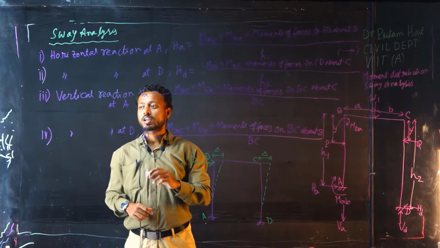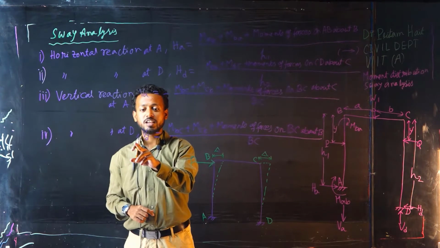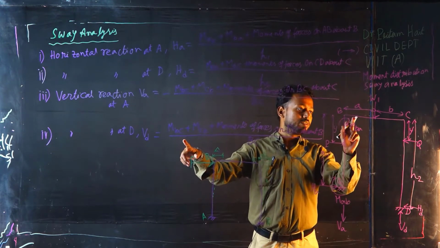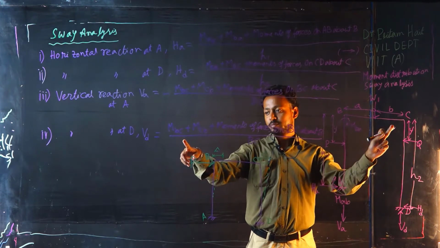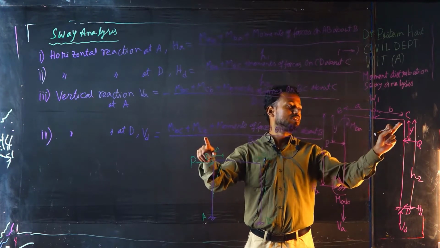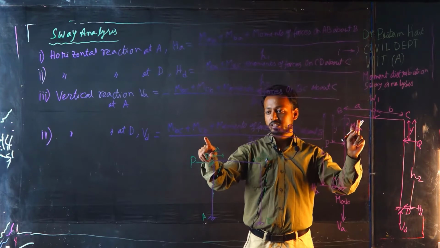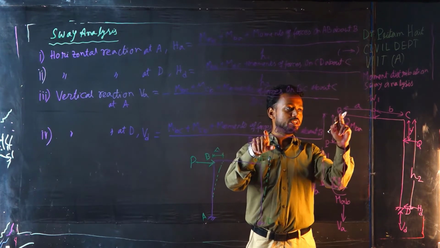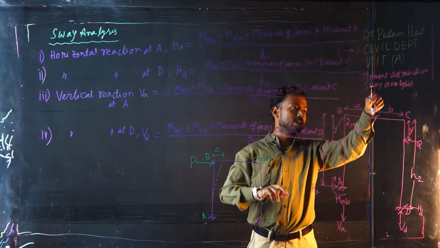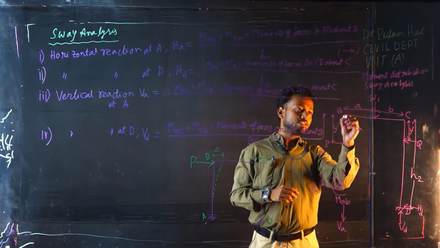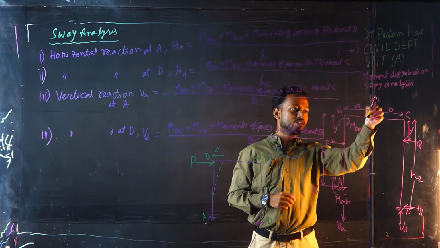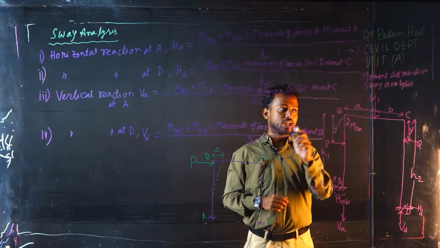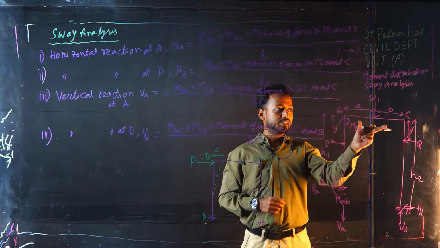Similarly, we can calculate the vertical reaction at D, that is VD equals MBC, the moment from B towards C, plus MCB, the moment at C towards B, plus moment of forces on BC about B, that means W1 into A. About B you have to take the moment, so W1 into A is producing a clockwise moment, so plus W1 into A divided by BC length.